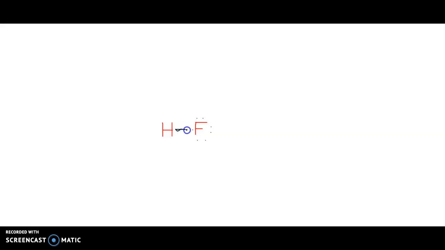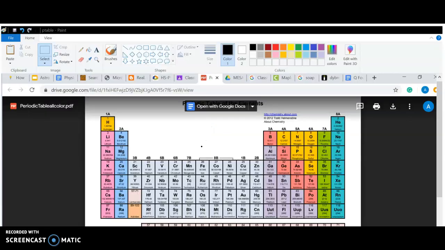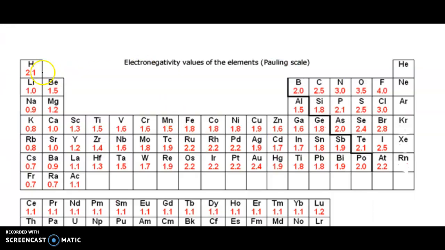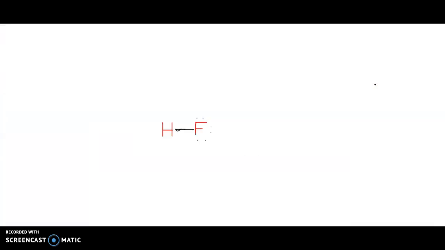Oof. Everything was so straight a second ago. There we go. So now, what would be your guess? All right. So let's look back. So hydrogen up here, they give it a value of 2.1, and fluorine over here, they give it a value of 4, which is going to be what's going to happen here. This is going to form a polar covalent bond.